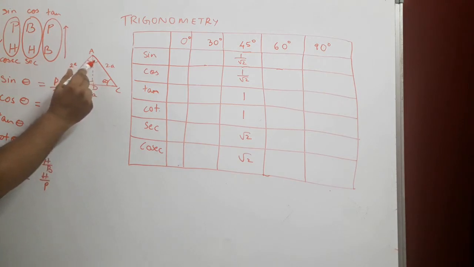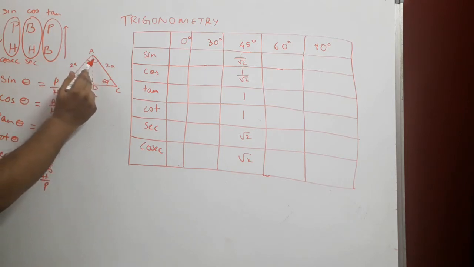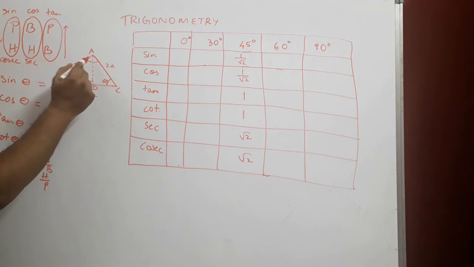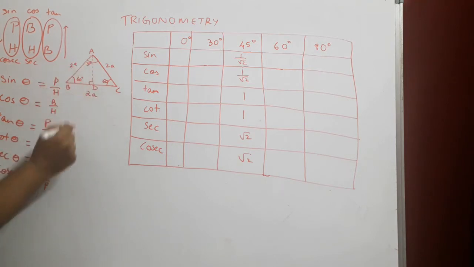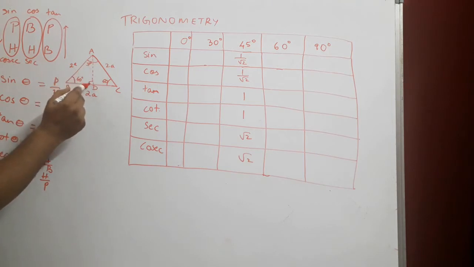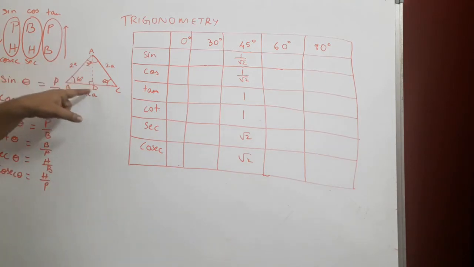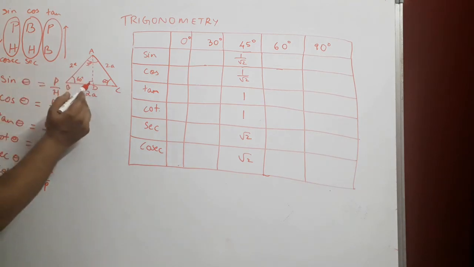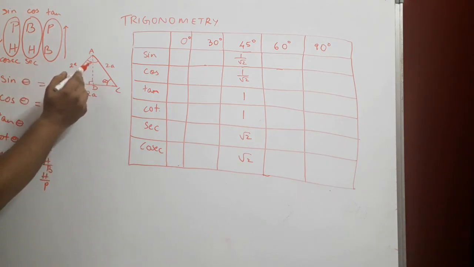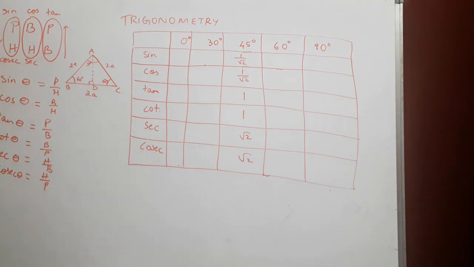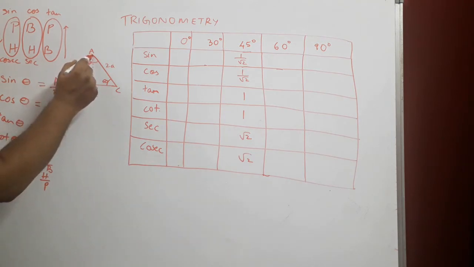That means the angle is divided into two equal angles, and if the entire angle is 60 degrees and we divide it into equal angles, then this part BAD will become 30 degrees. So now we've got 30 degrees, 60 degrees and 90 degrees. The sum of the angles of this triangle should be 180 degrees. If we add up 90 plus 60 plus 30, that will give us 180 degrees. I'm referring to triangle ABD over here.